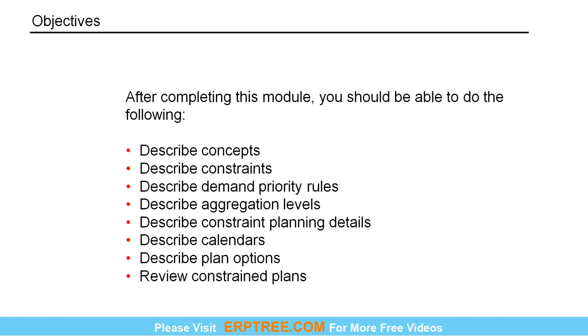So it is a more accurate planning method, wherein the plan will suggest a more accurate date than an unconstrained plan. The unconstrained plan does not take into consideration the capacity constraints of the resources or the suppliers, but the constraint plan does.